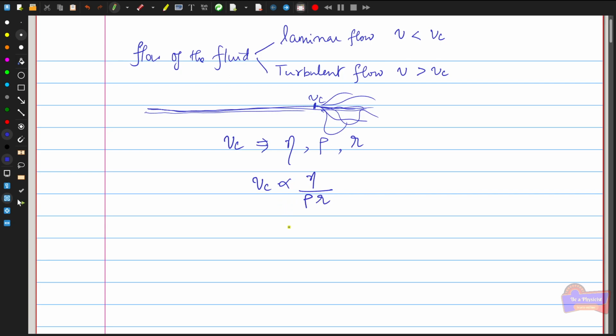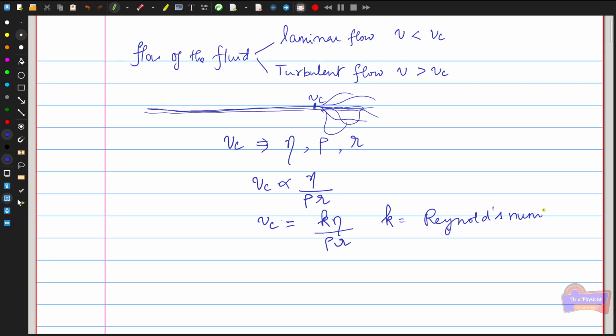If I add the proportionality constant, I can equate this: Vc equals k times eta divided by rho into R. Here k is the Reynolds number. This equation can be rearranged to find the Reynolds number k, which is equal to Vc times rho into R divided by eta.